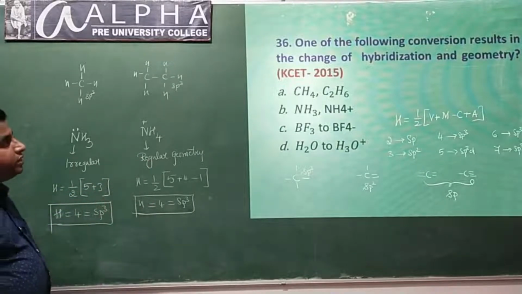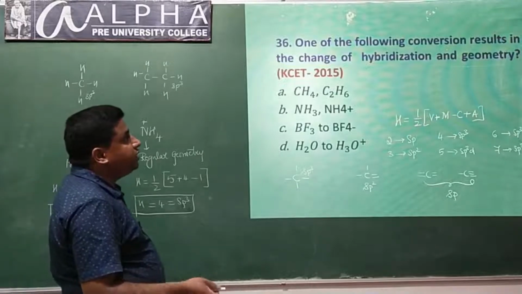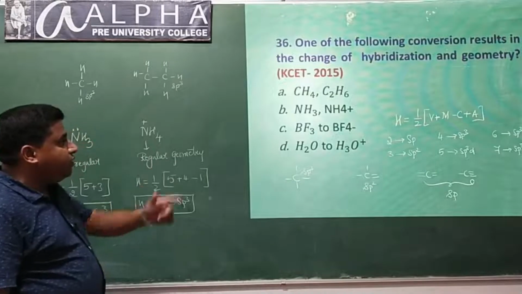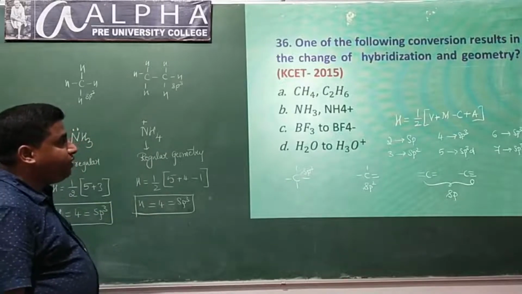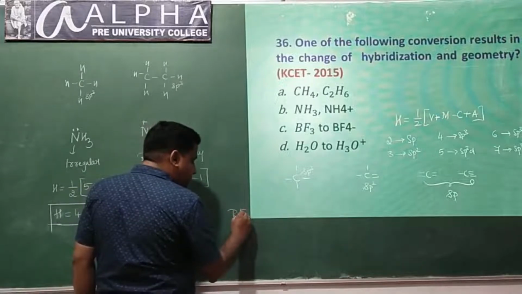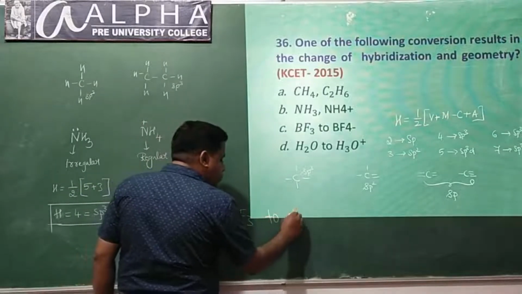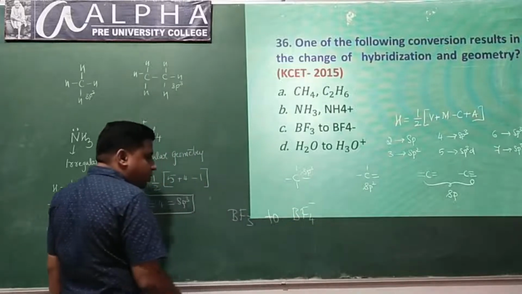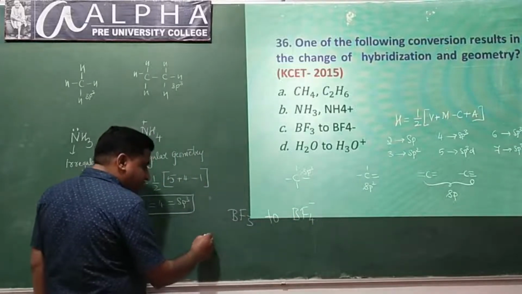But the question is, one of the following conversions results in the change of hybridization as well as geometry. Now if I go for BF3 to BF4 minus, let us calculate the hybridization for BF3.